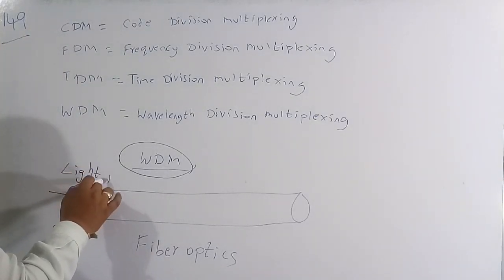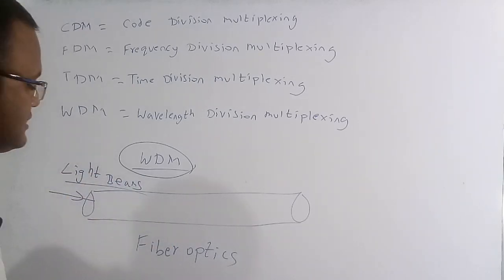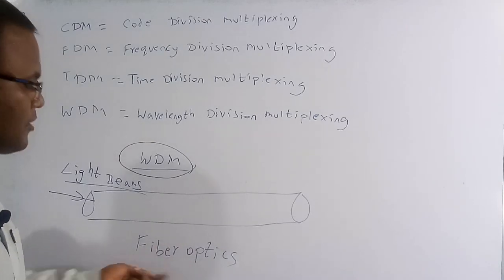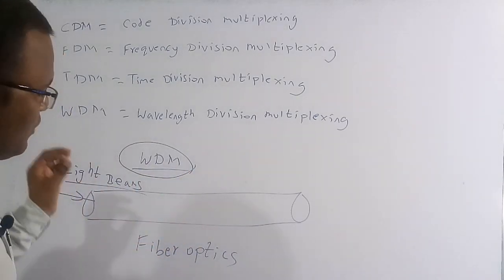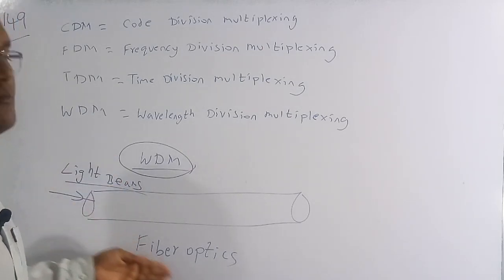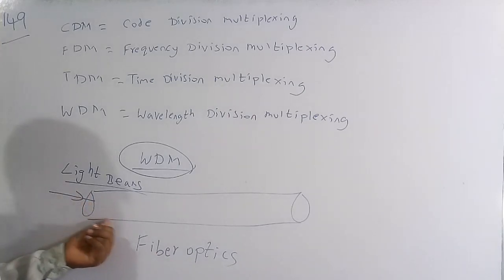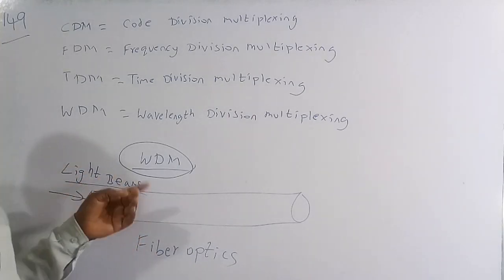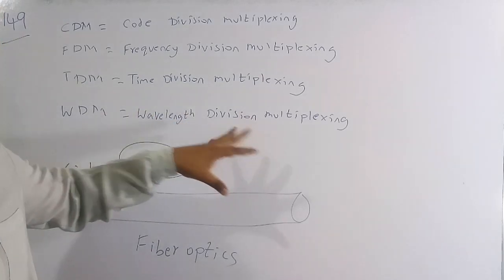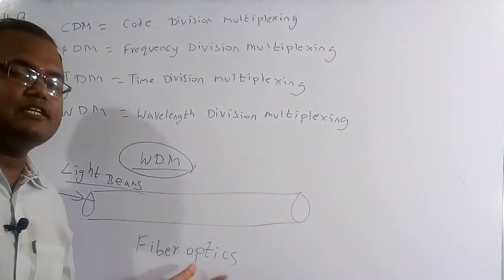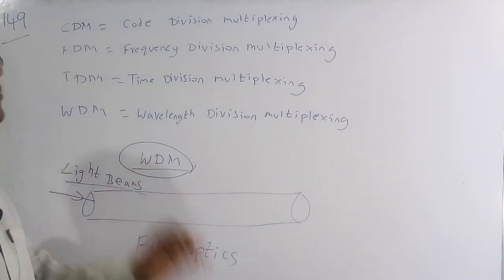So this is called wavelength division multiplexing. Therefore we can conclude that in wavelength division multiplexing we use fiber optics for communication, and in that we use light beams for the purpose of communication.